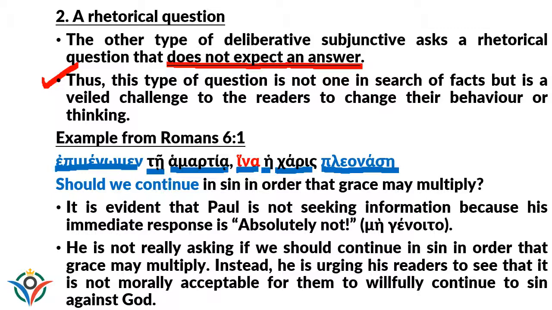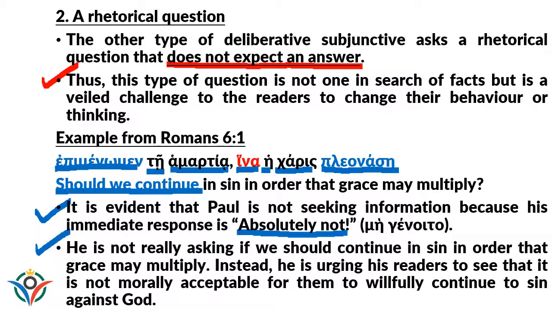And we translate that as, should we continue in sin in order that grace may multiply? So it is evident that Paul is not seeking information, because his immediate response in the next verse is absolutely not. He uses a prohibition, me genoito.